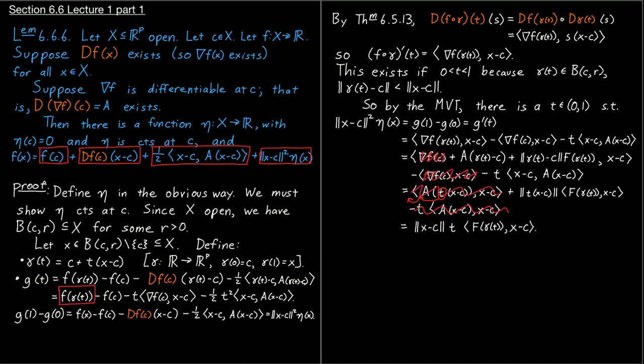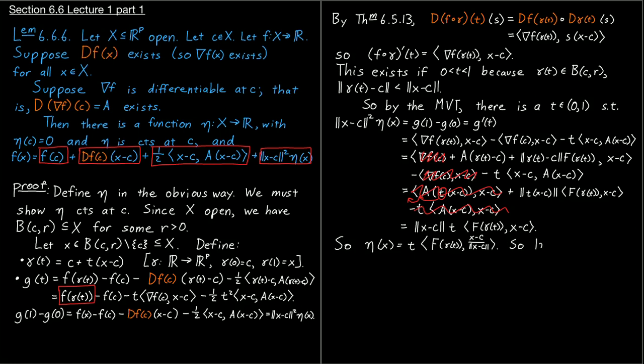So we can write down what eta is. Eta of x is exactly that divided by norm of x minus c squared. You've got a t inner product of f of gamma of t, x minus c, divided by its norm.